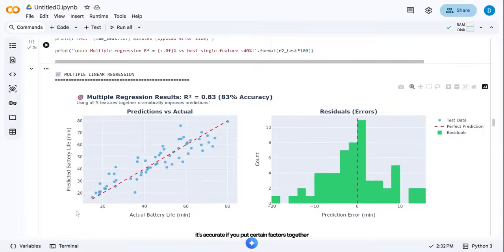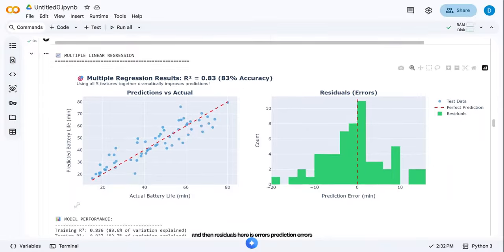If you put the wind, payload, altitude, and speed all together, you will have a pretty precise prediction of how long the battery will fly. And then the residuals here are the errors, the prediction errors.